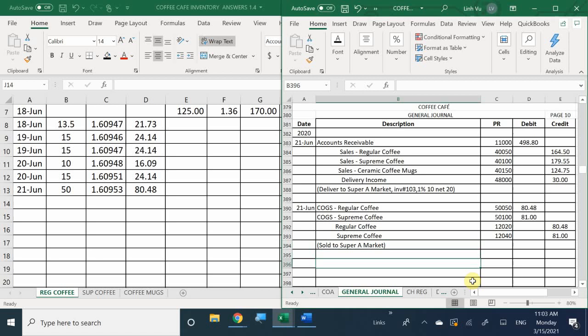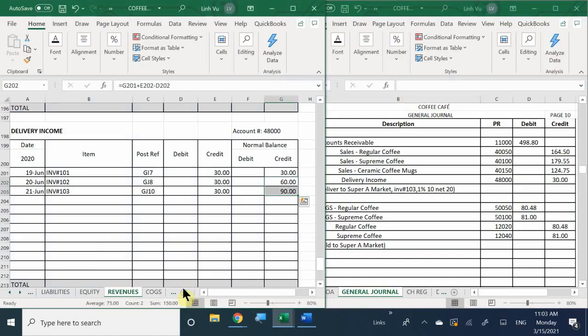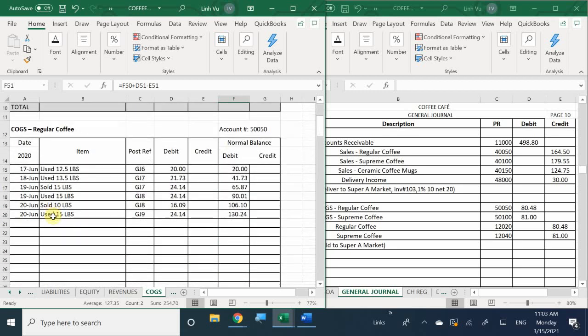So what is next? Update the ledger. Yes, yes, yes. Okay. So we have a cost of goods sold for the regular coffee. So here we are. How many pounds did we sell? 50.